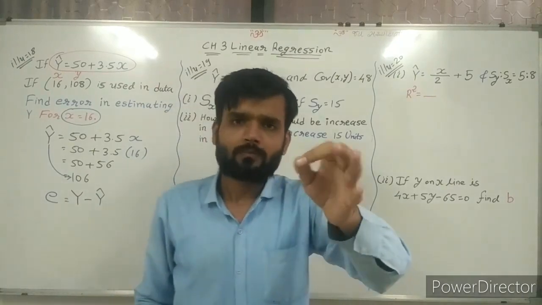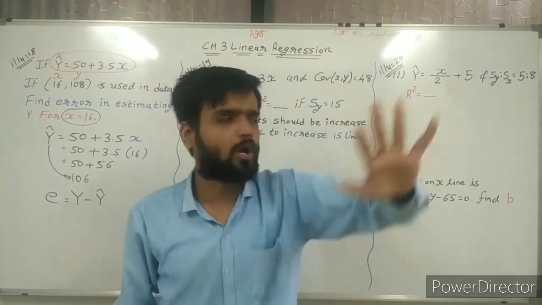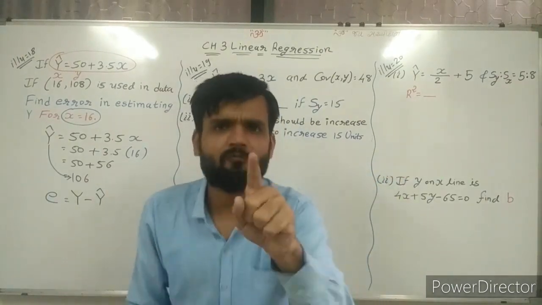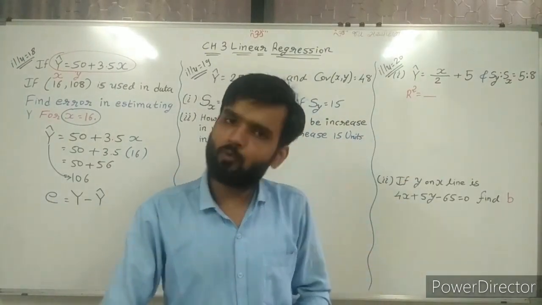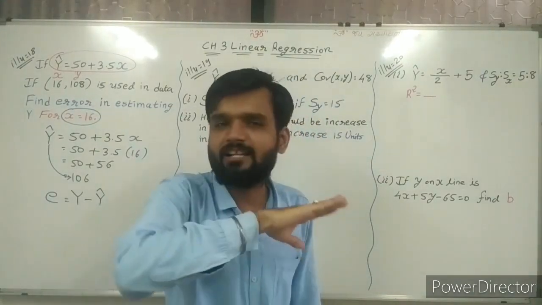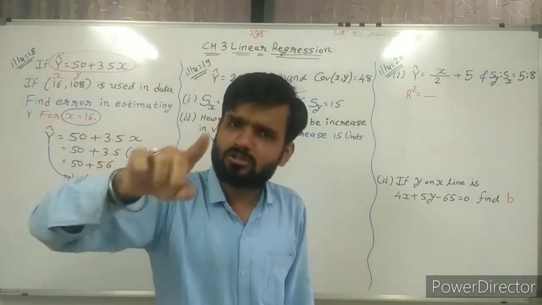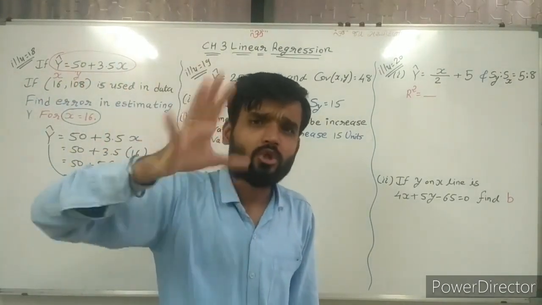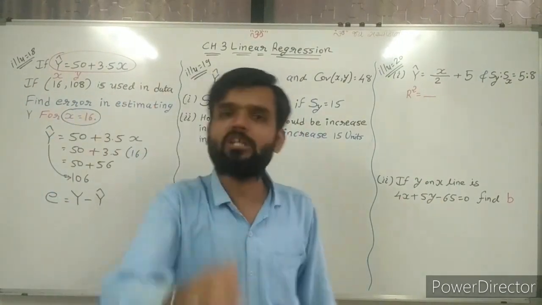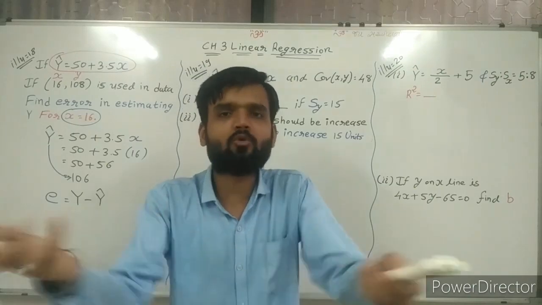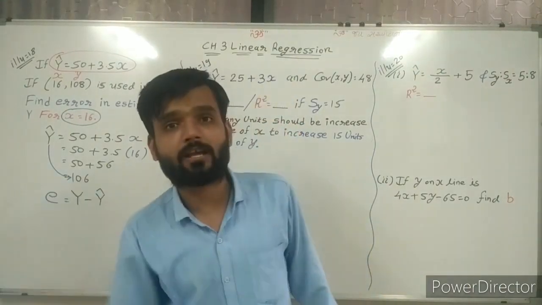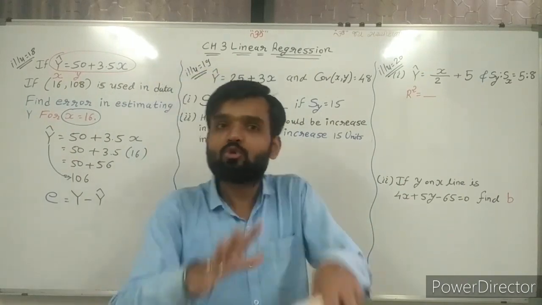Suppose you expect to earn 5 lakh rupees next year, and in future you earn exactly 5 lakh, then in your estimation there is no error, because you will get 5 lakh and really you earn 5 lakh exact. But if in that year you earn 7 lakh, then what should be the situation?